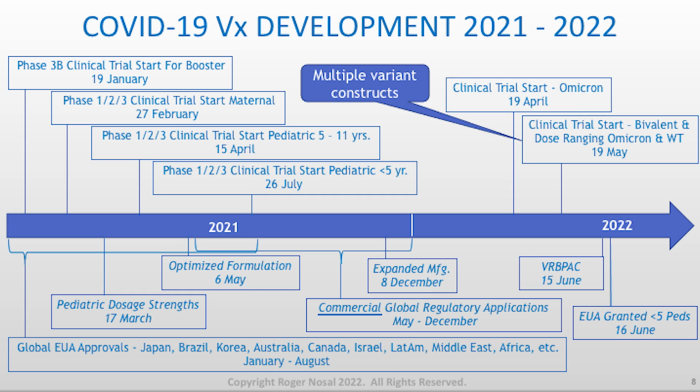The other thing to notice here, up to the end of 2021, we had done a lot of optimization with the process. And I'm a manufacturing guy. I'm a CMC guy. So I was involved with my team trying to get as much of an expanded footprint for manufacturing around the world as possible, so we could deliver any kind of vaccine with the platform we had.